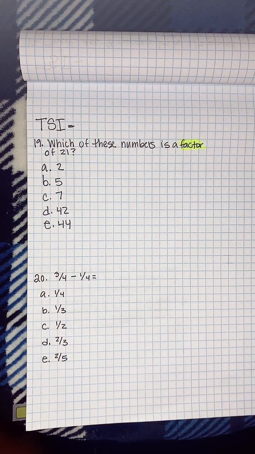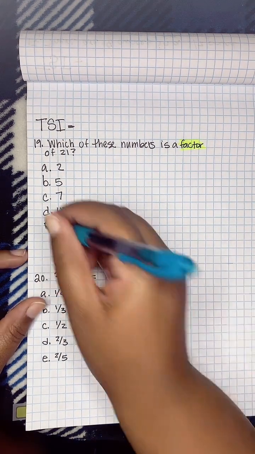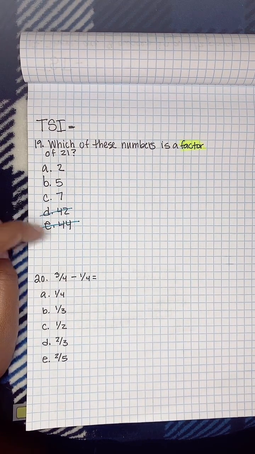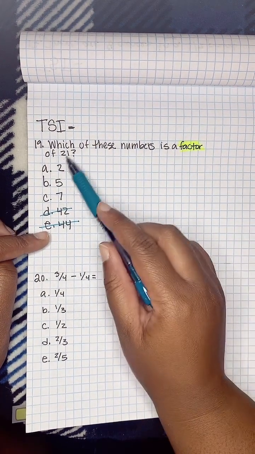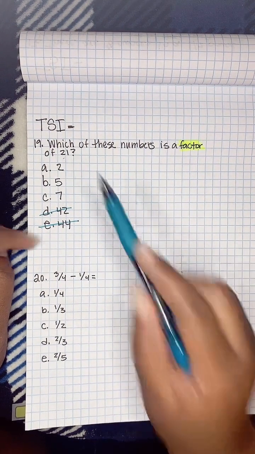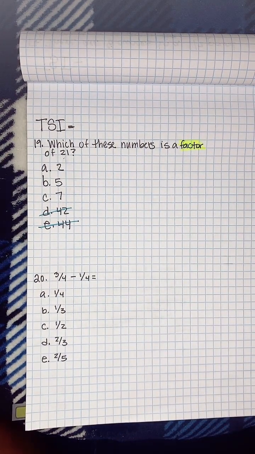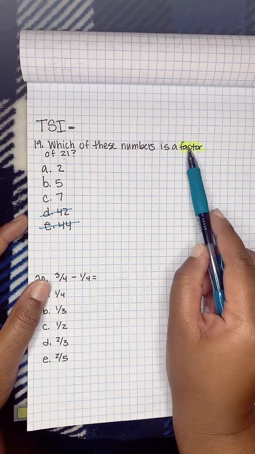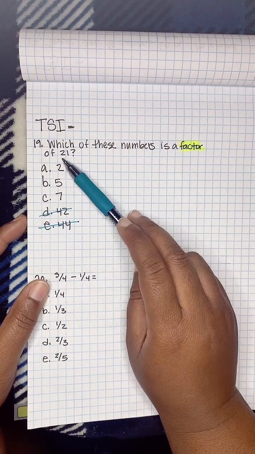And by just knowing what that means, I can eliminate D and E. And why I can eliminate D and E is because a factor has to be a number smaller than the number given. Ooh, people are saying C, Mrs. Nail. Okay. Desiree, C, yes.